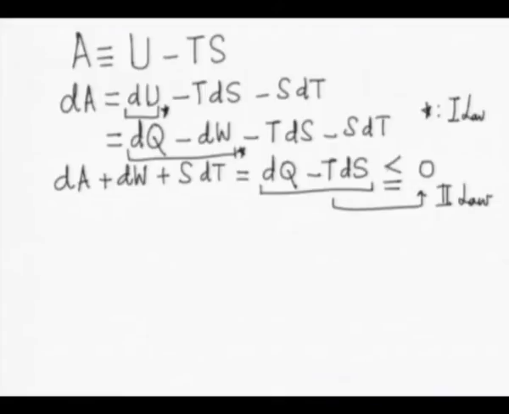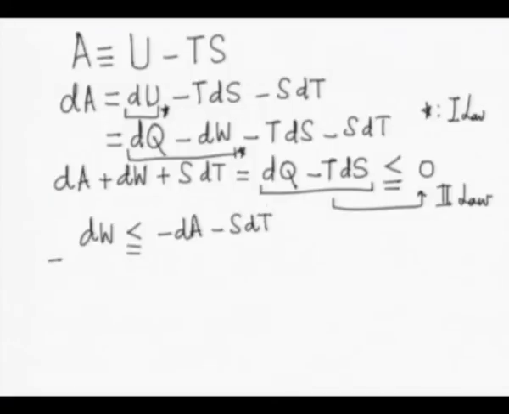And now if this is less than or equal to 0, let me put it like this, dw will be less than or equal to minus dA minus SdT.